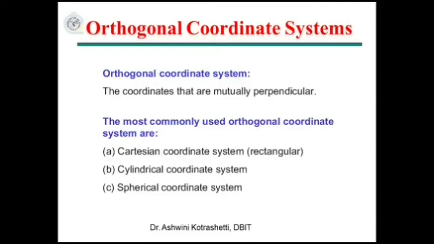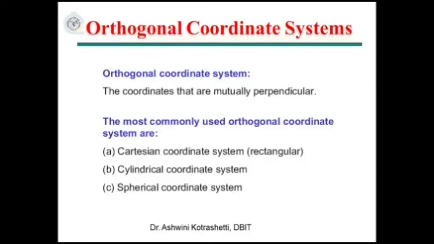The next question one may ask is, having said that there are three basic types of coordinate systems, the Cartesian, cylindrical, and the spherical, what is the need for more than one coordinate system? A point in space has the same location and an object has the same shape regardless of which specific coordinate system is used to describe them.